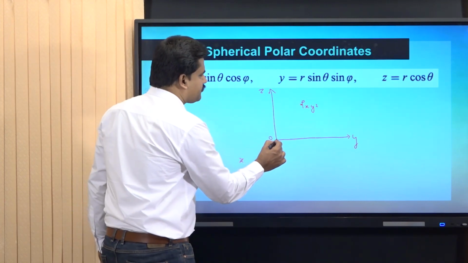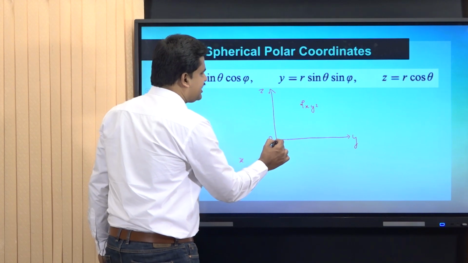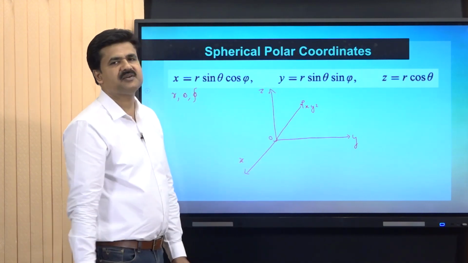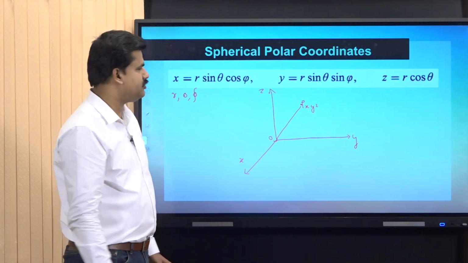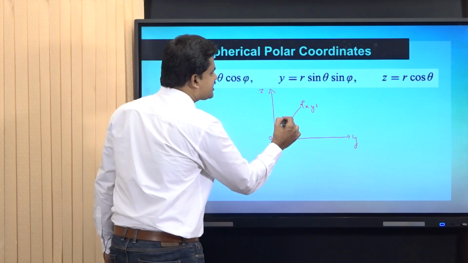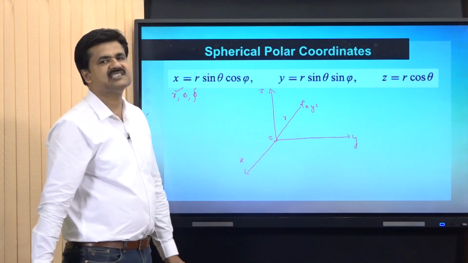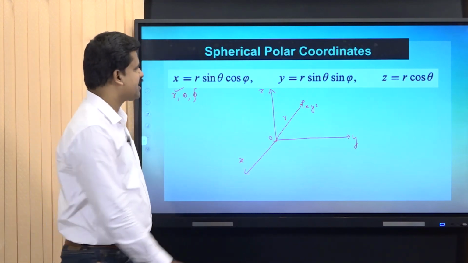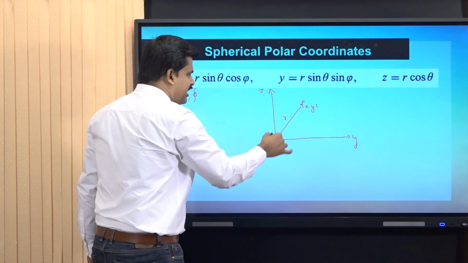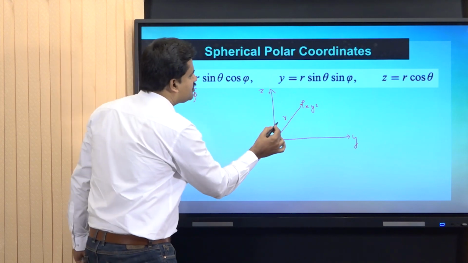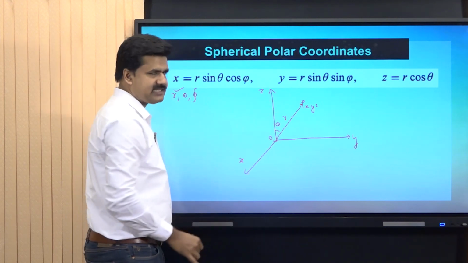The distance from the origin to the point P is taken as r. That is the first variable in spherical polar coordinates. This line r or OP makes an angle theta with the z-axis.